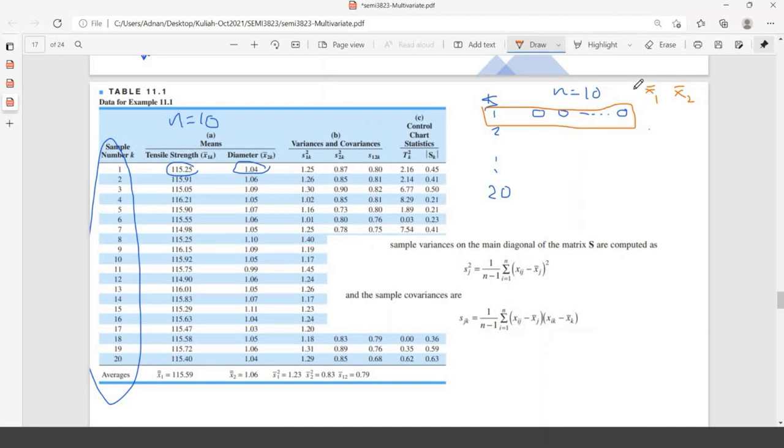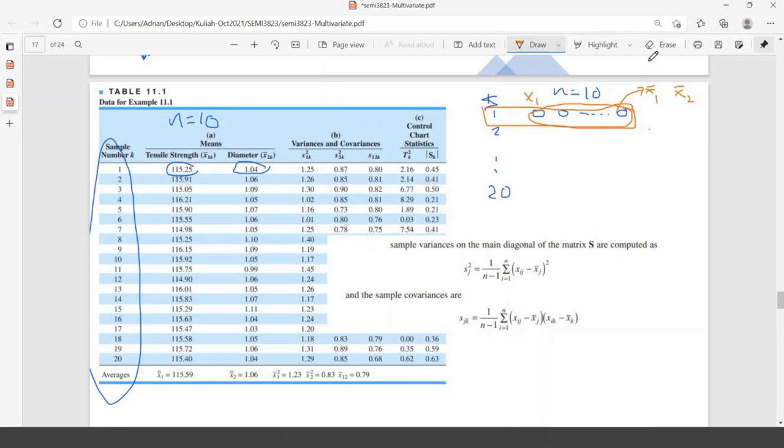If here is diameter, here is the strength, so here is x1 measurement. He takes all these 10 and gets this value. Of course he needs another set of data which is for x2.